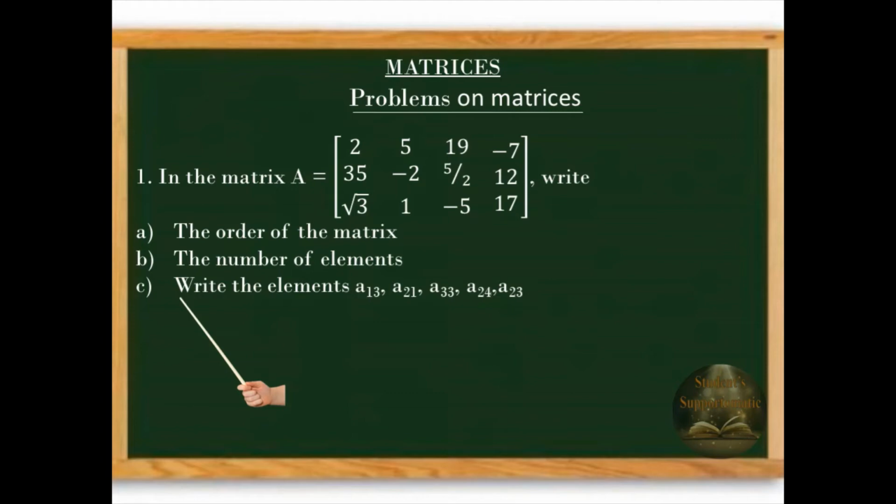The first number always indicates the row place, and the second number always indicates the column place. So 1 is the first row, 3 is the third column. The second one, A21, is the second row, first column. Similarly, we have to write the element in the given position. Okay, so let's solve this.